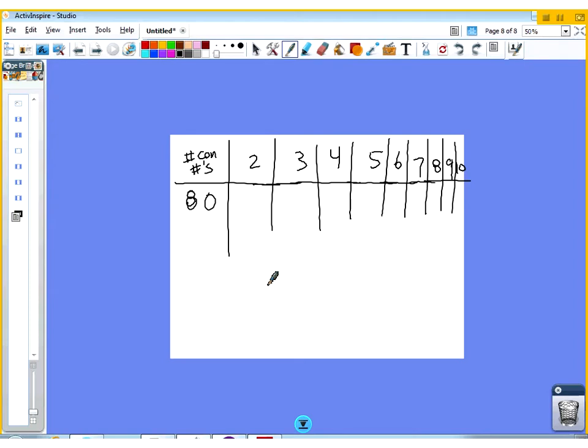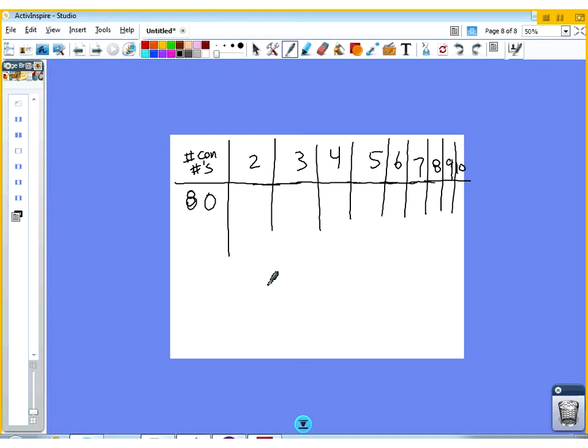What did you get? Number 5. So far, 80 minus 21 divided by 6. 7 divided by 7.